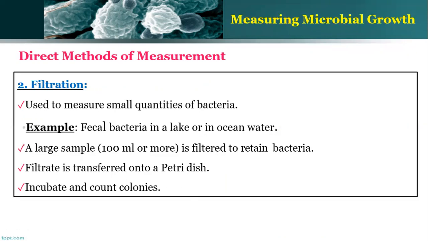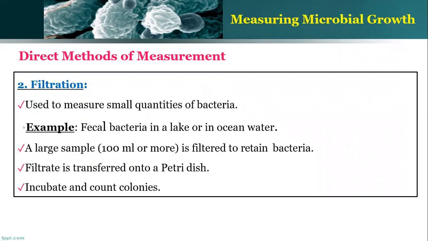The next direct method of measurement of microorganisms is filtration. Till now we have discussed plate count. In plate count, the pour plate method and spread plate method are the two techniques.